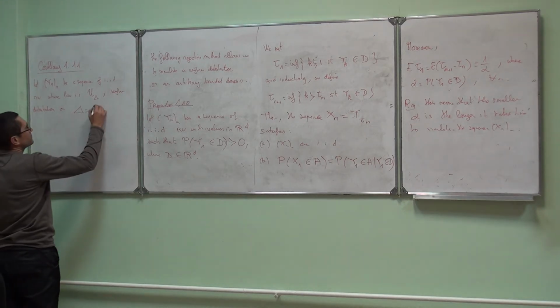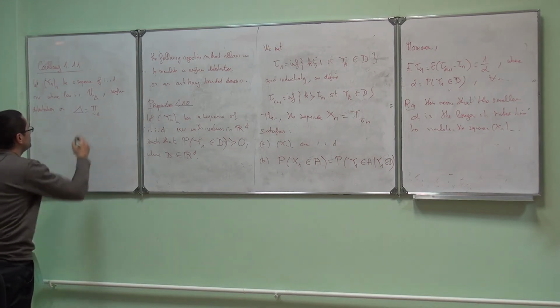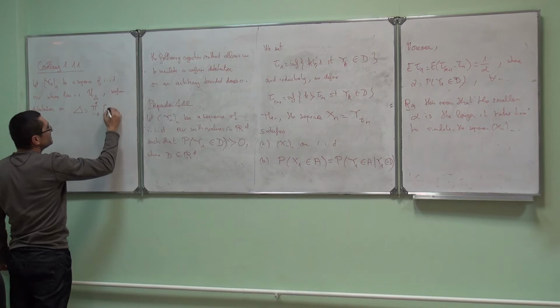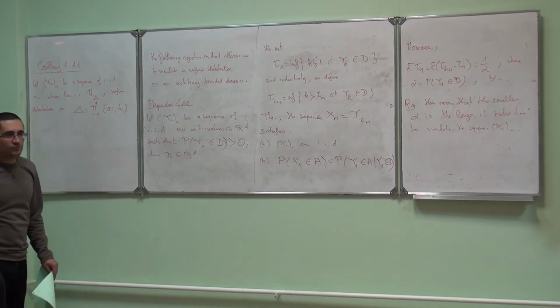That is a product for i equals 1 to d of some intervals ai, bi. So this is a very simple domain. Okay?